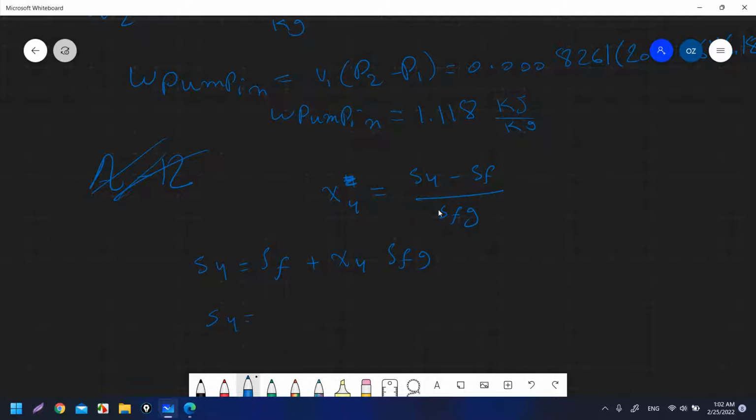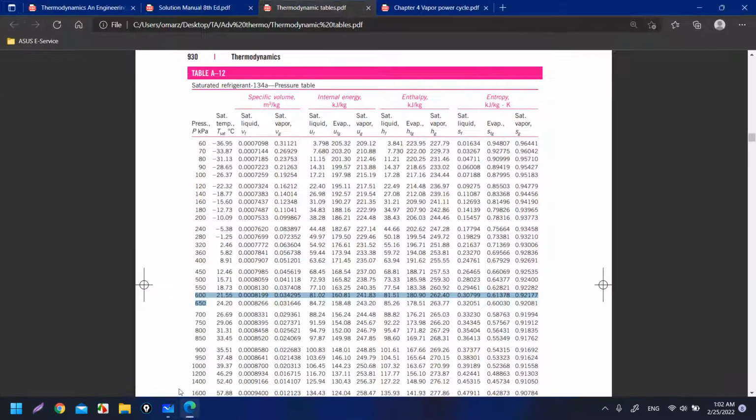This is at state 4, so I am searching for SF and SFG at pressure P4 equal to P1. But we said this will give you interpolation, because if you go to the pressure table A12, P4 equal to P1, which is 640 something, you will not find HF, SF and SFG. You will need to make interpolation.